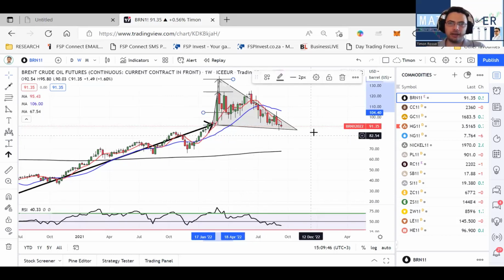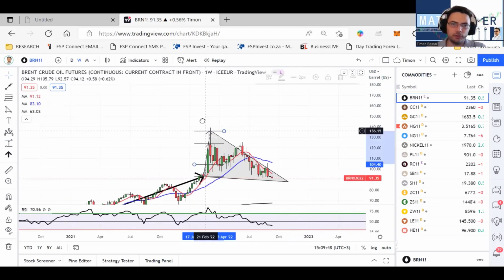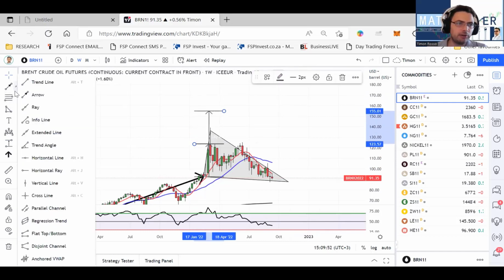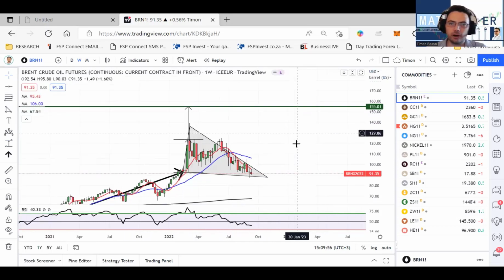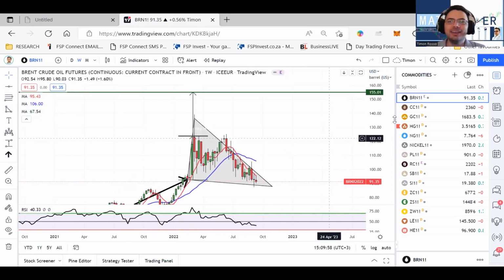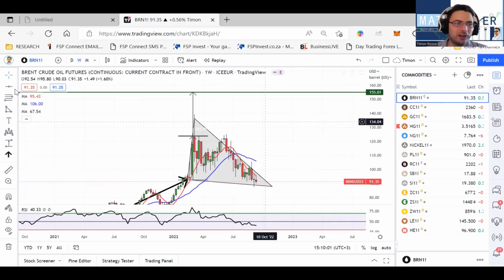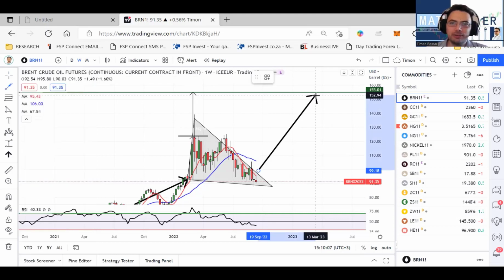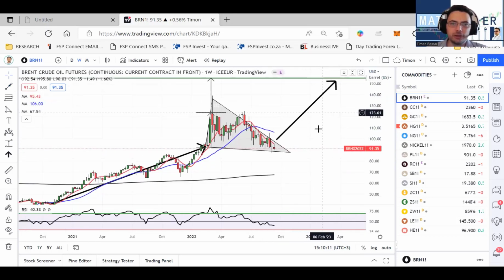Let's copy and paste it and move it up here. And we can say that we have our first target. The first target is quite high. We can expect Brent crude to move from $91 all the way up to $155.